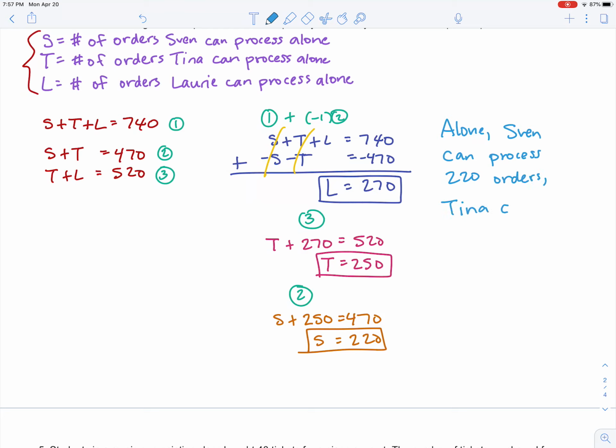Tina can process 250 orders, and Lori can process 270 orders.